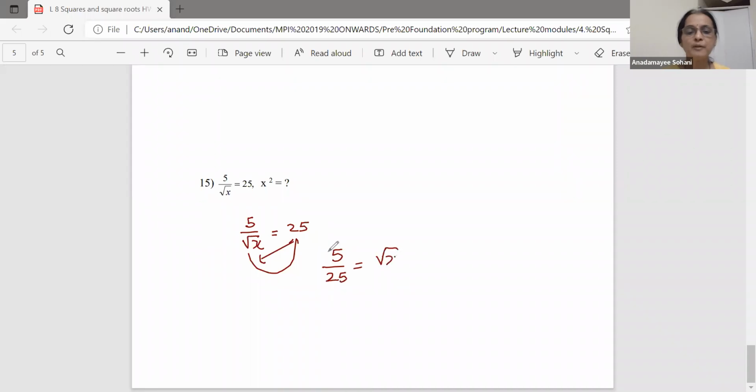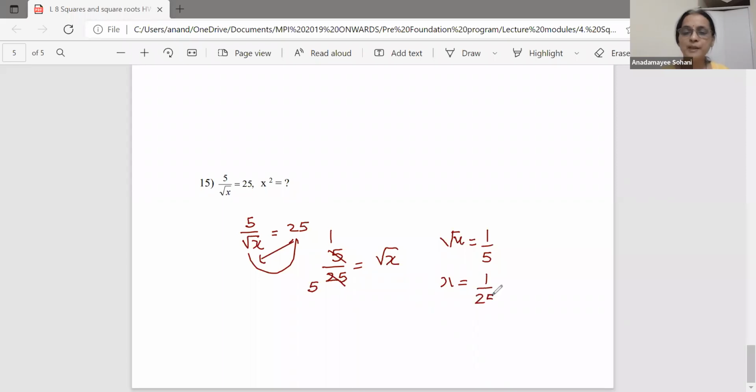What is 5 upon 25? 1 upon 5. If root of x is 1 upon 5, what will be x? Simply square of this. If root of x is 1 upon 5, then x will be 1 upon 25. 1 square is 1, 5 square is 25.